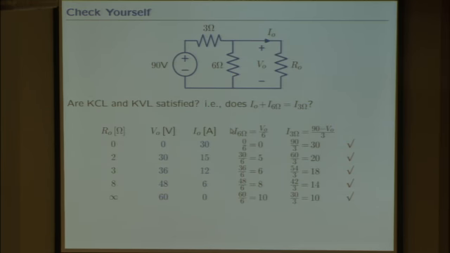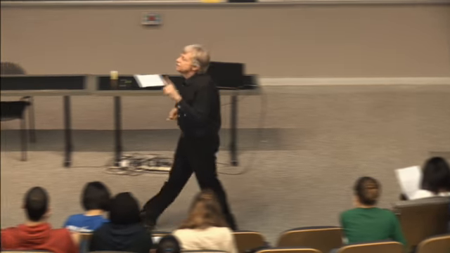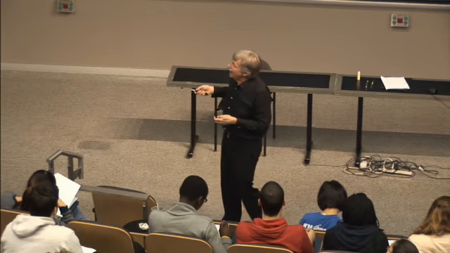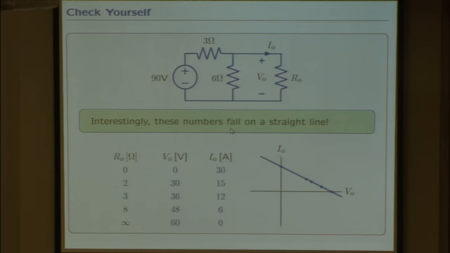The point of doing the exercise was to just remind you about how you solve circuits, but also to let us look at patterns. The interesting thing in this problem is the pattern that results between the V's and the I's. So if I were to make a plot, in fact, those V's and I's all fall on a straight line. Well, that's pretty interesting.